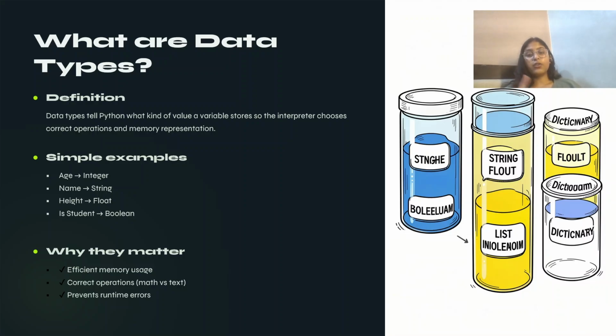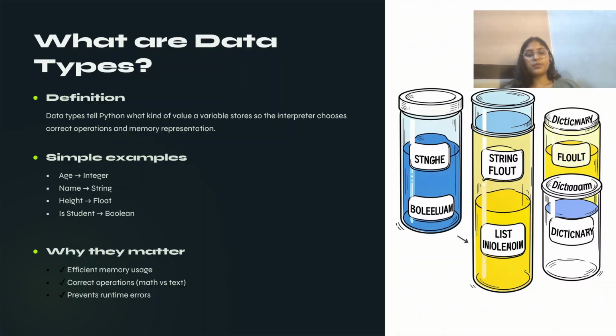So that's why. First reason, as I told you again, is memory management. Different data types need different kinds of memory. Every data type has different space. Integer needs one kind, string needs another kind. Python optimizes the storage and works accordingly. Like a suitcase, a toothbrush does not need a huge space, but a blanket does.